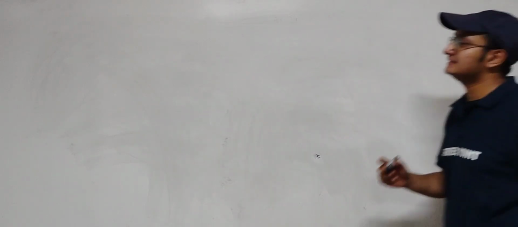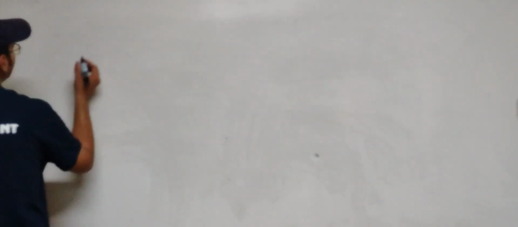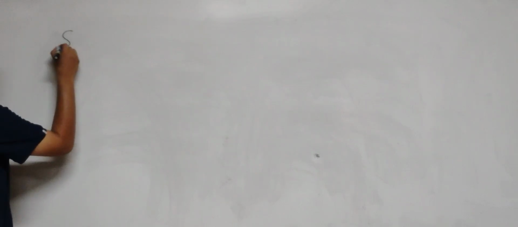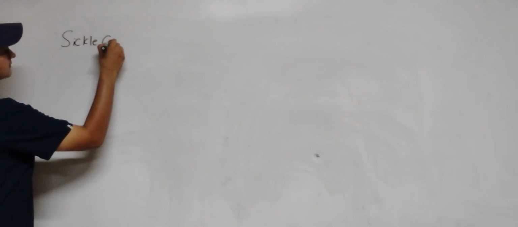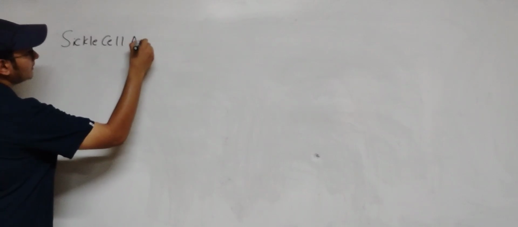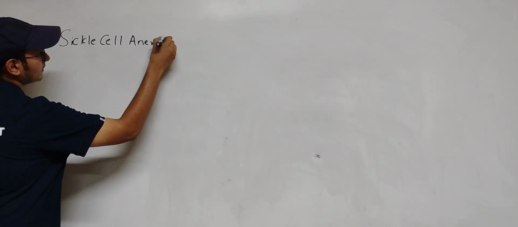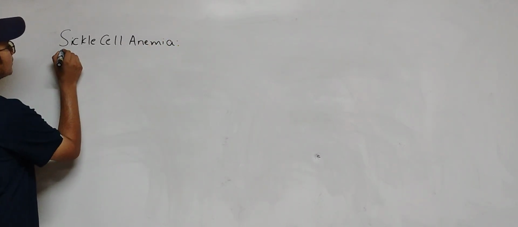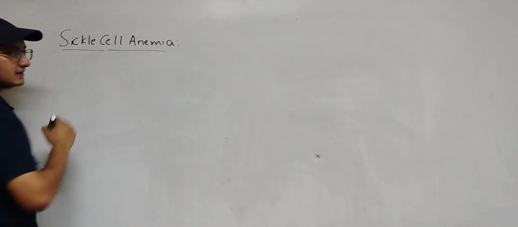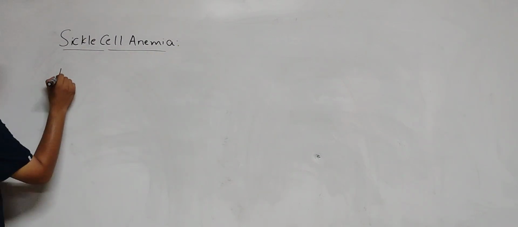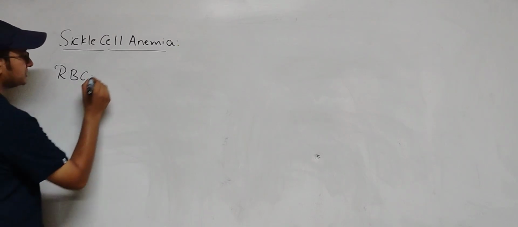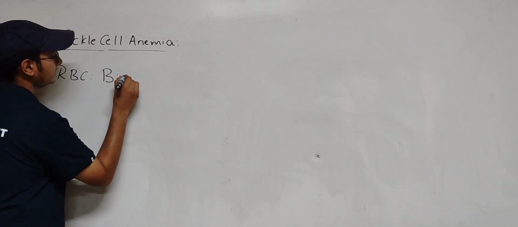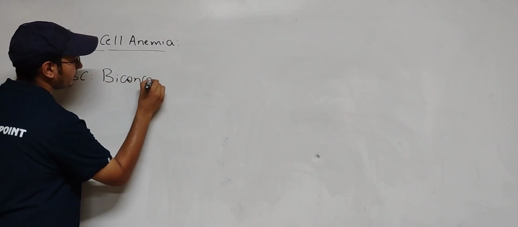So let's start with sickle cell anemia. What's the shape of our red blood cells? Normally RBCs are biconcave in shape.